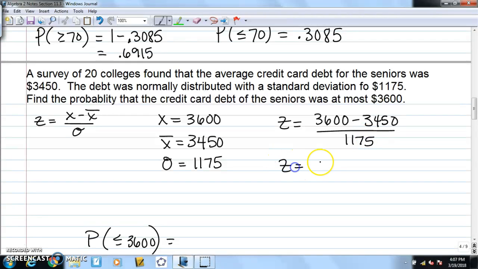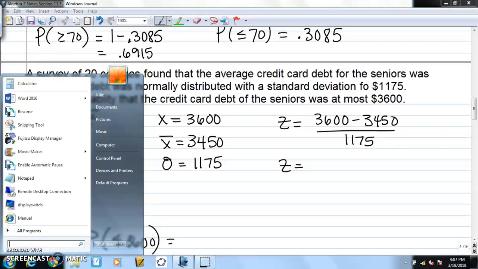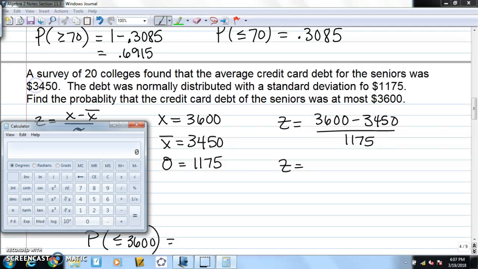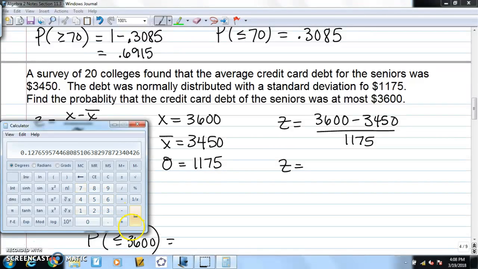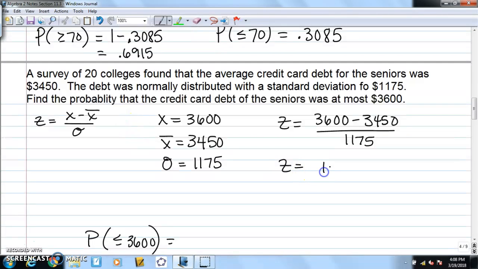Okay, so we're going to put that into our calculator: 3,600 minus 3,450 divided by 1175. I think I might have hit something wrong there. We get 0.1276, but we have to round to the nearest tenth to use our table.